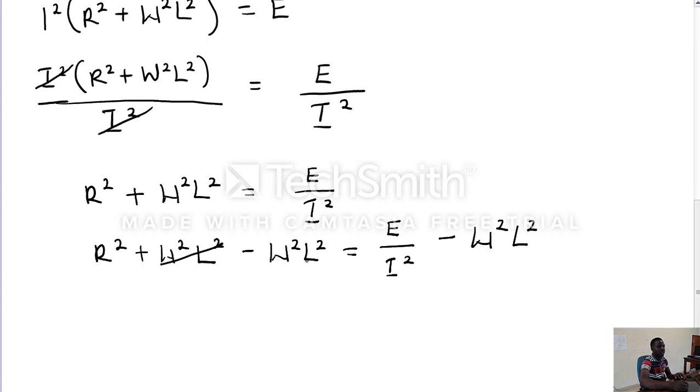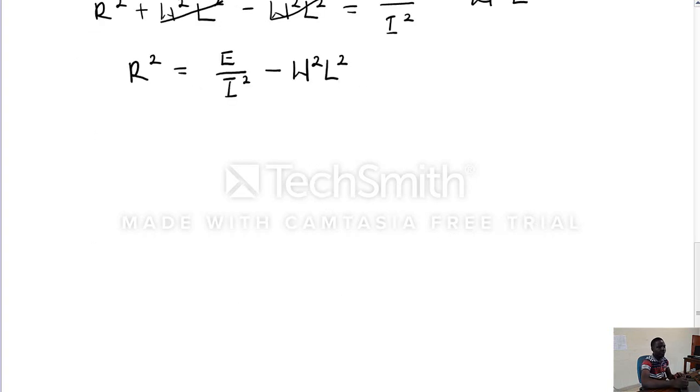So this minus this is 0 when you collect like terms, leaving us with R squared is equal to E divided by I squared minus W squared L squared. Now we are almost done.